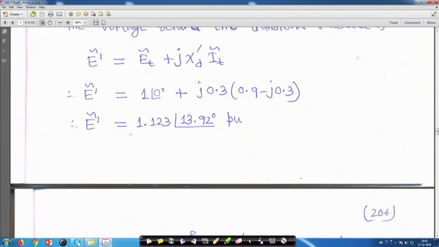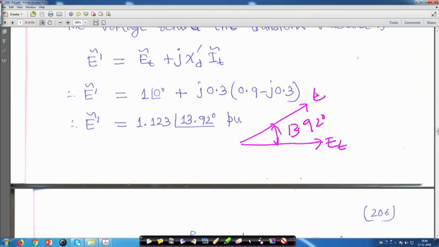Now, if you draw the phasor diagram, say this is the reference, this is my E t, right. Now, E dash is actually at a positive leading angle, 13.92 degree.